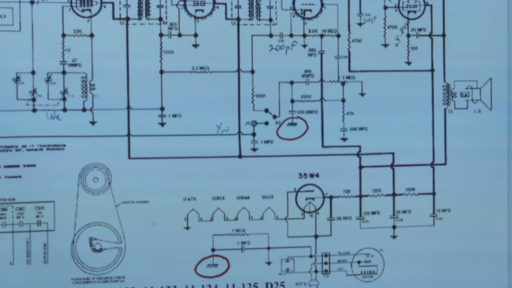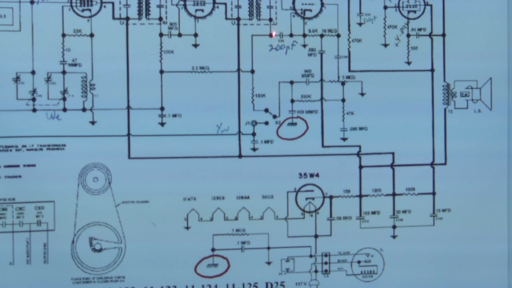So these particular components here are to draw off any RF surges or transients from the power line to the chassis ground. The chassis acts as a final shield, and this one up here is an RF ground.